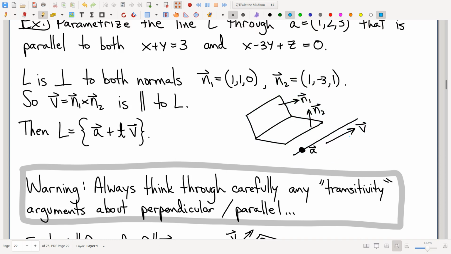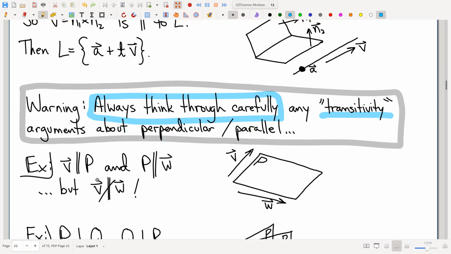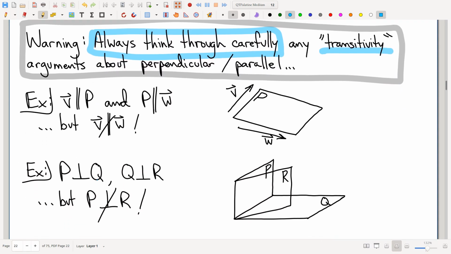So these kinds of transitivities, be careful. Think it through. Really rely on your geometric intuition, because they really are dangerous. Not everything that sounds like it ought to work necessarily works.